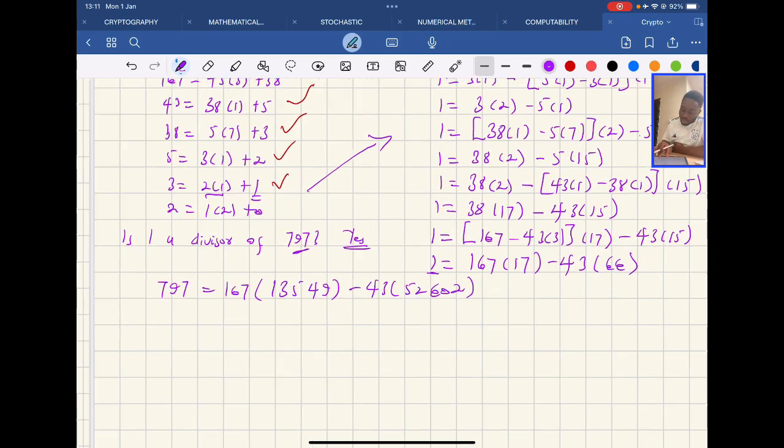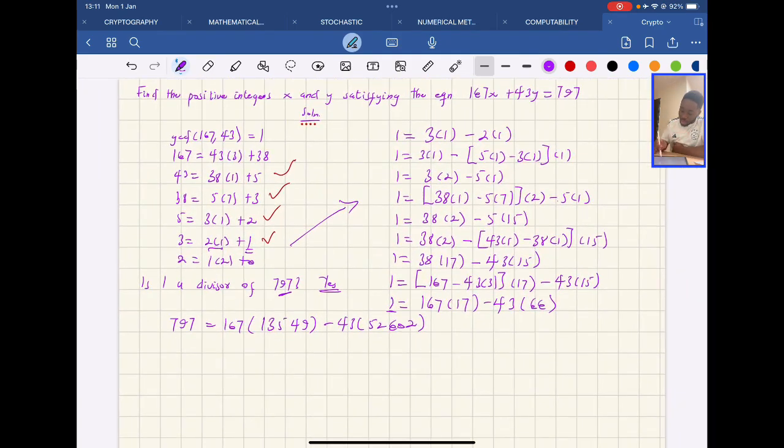After getting this, comparing this to our equation, we can see that our x is 13549 and our y is equal to minus 52602.